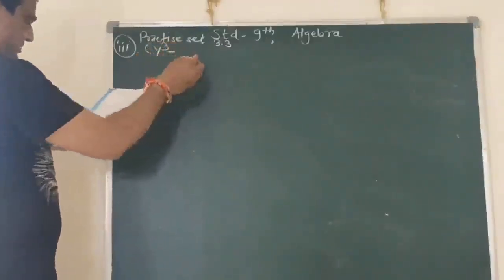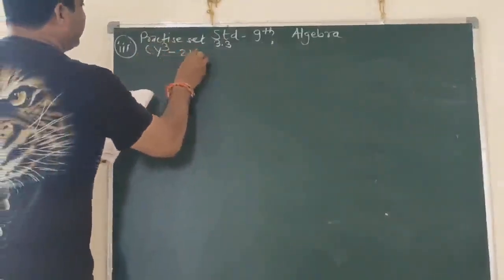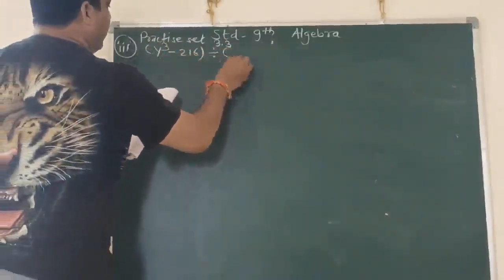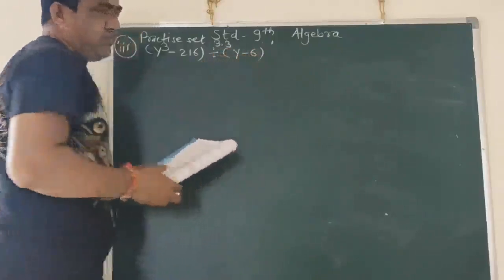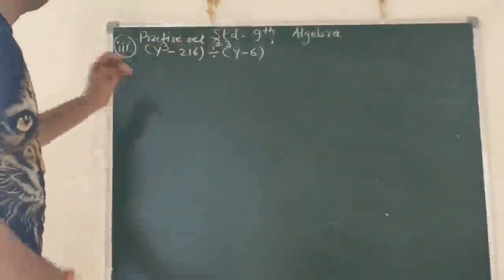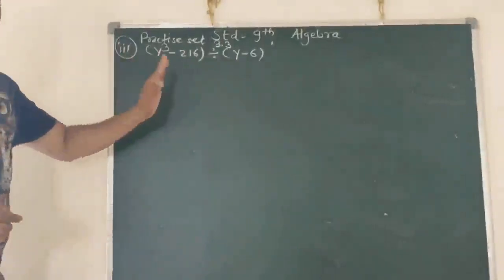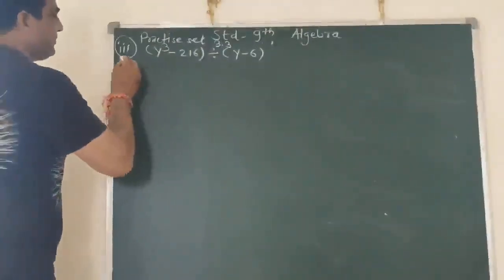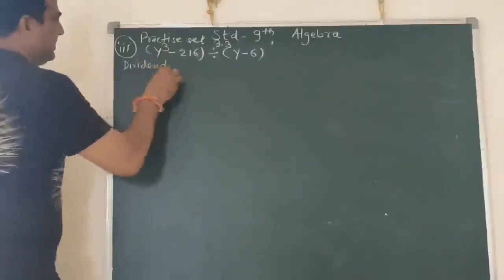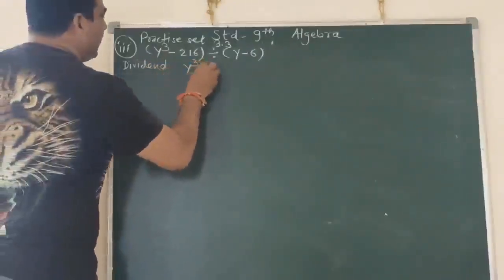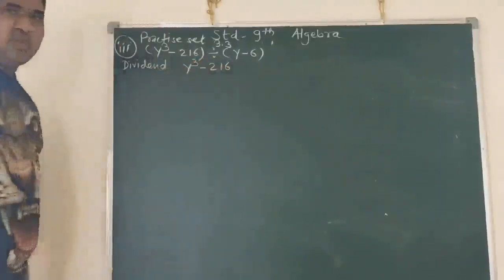Question number 3 is y cube minus 216 divided by y minus 6. That we have to consider. So what is your dividend? The dividend is y cube minus 216.